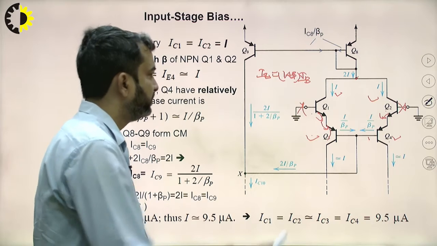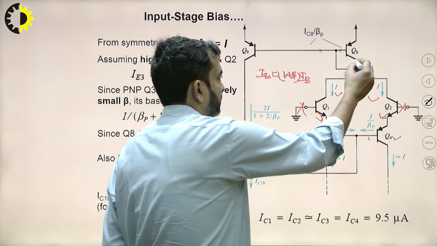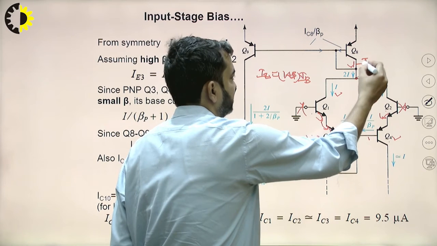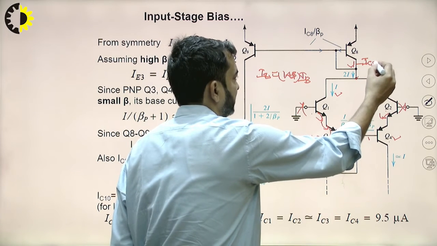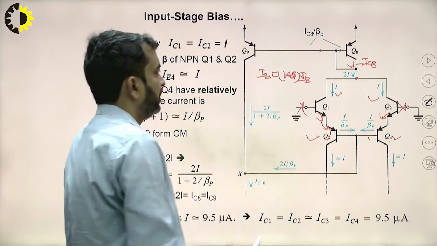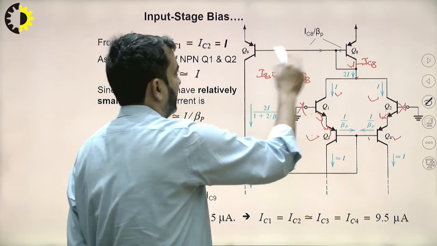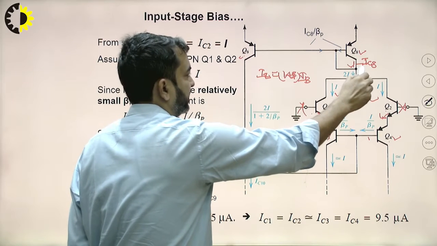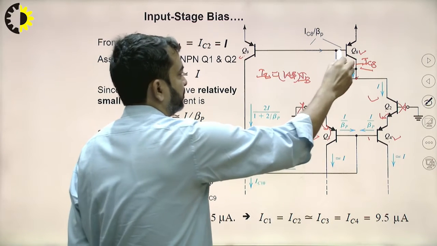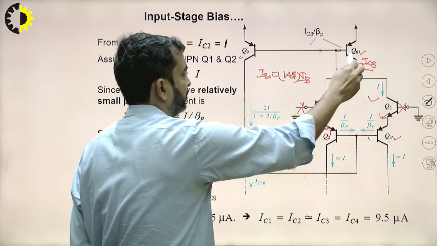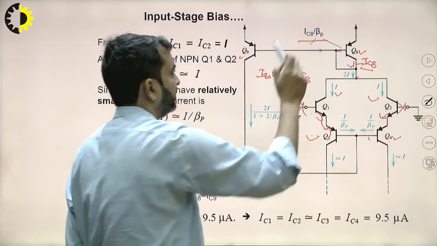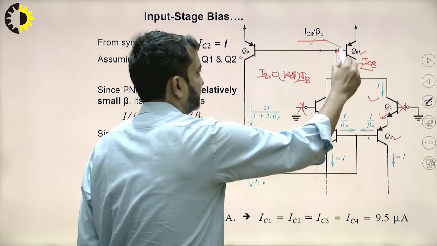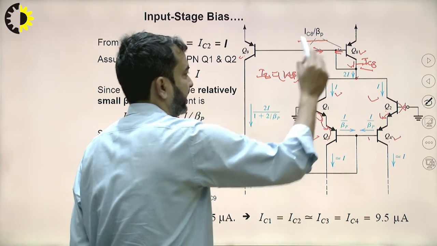Now coming to this current, let's say this is IC8, the collector current of transistor Q8. This is transistors Q9 and Q8. So the collector current is IC8, and the base current of transistor Q8 will be IC8 by beta P. This current is flowing in this direction and this current is flowing in this direction.